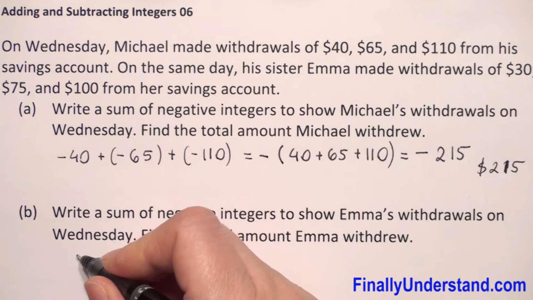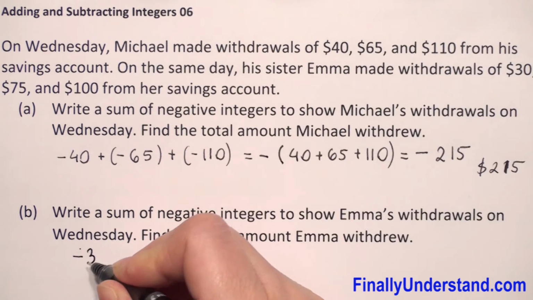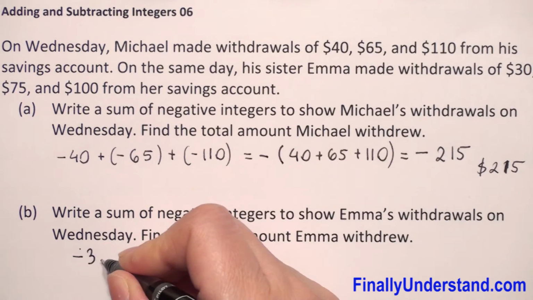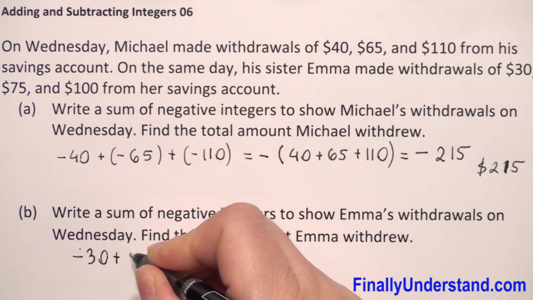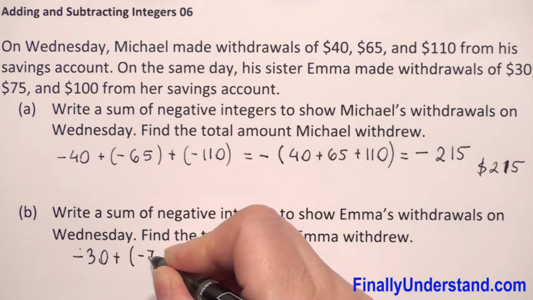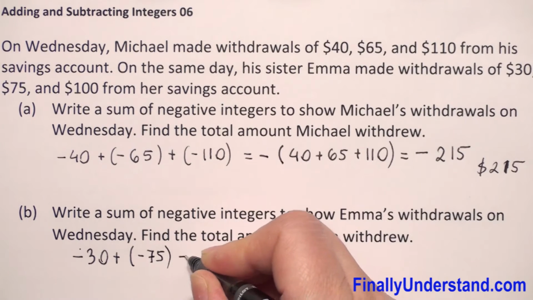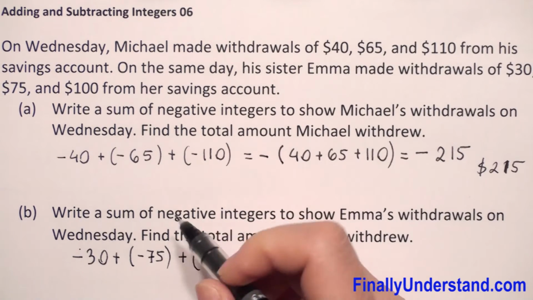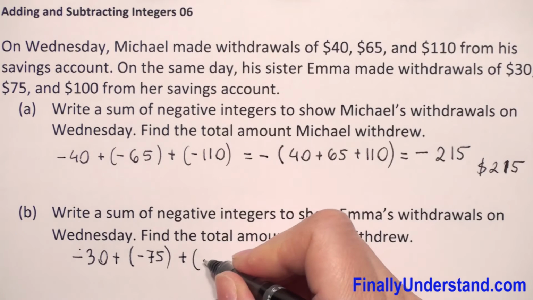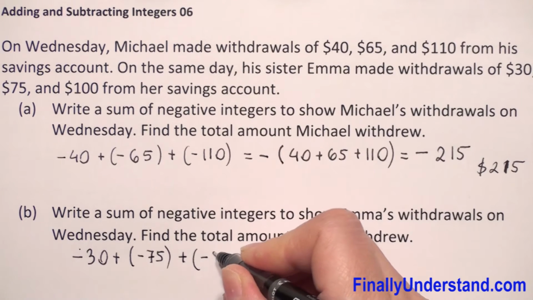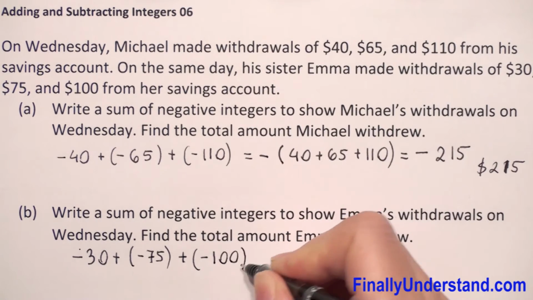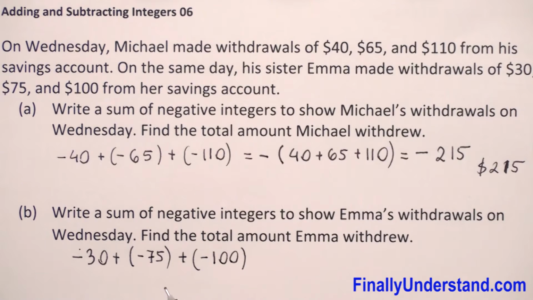So we have negative 30, because this is the first number, so we don't have to write parentheses, plus negative 75, and we have to add the last amount, $100, so negative 100. Because she withdrew, that's why we have a negative sign before these three numbers.